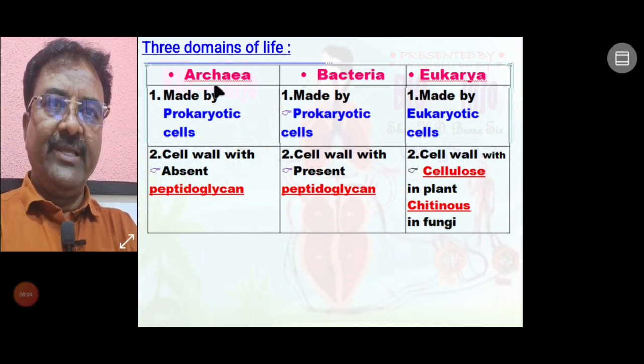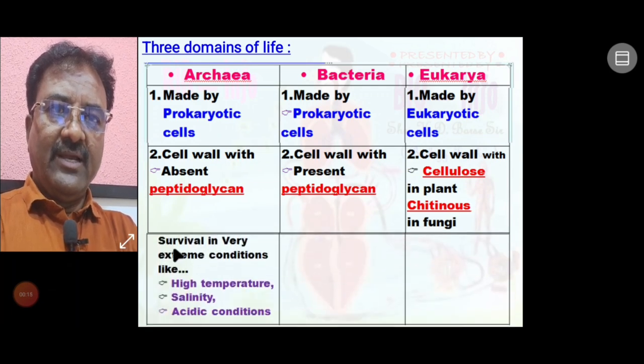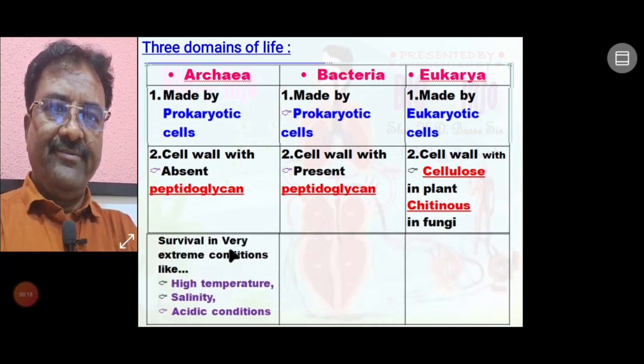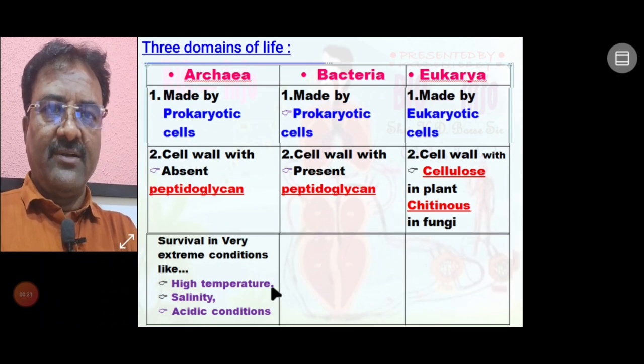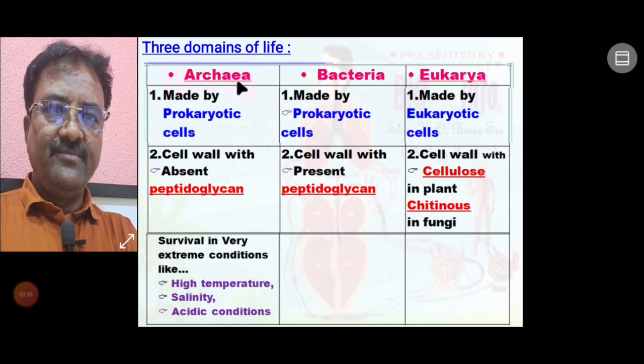Among all 3 domains, archaea, bacteria and eukarya, one of the most important characteristic features is seen in archaea: they survive very extreme conditions like high temperature, high salinity and acidic conditions. These 3 different conditions are tolerated by archaeal organisms.